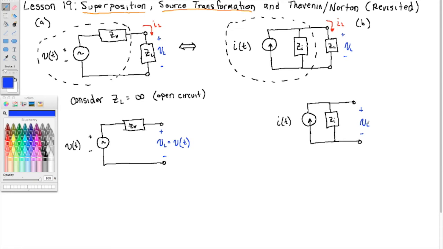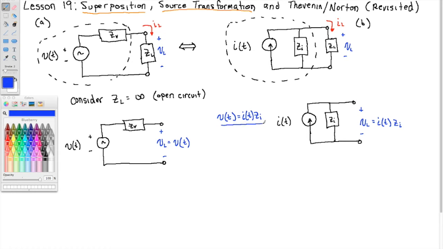According to Ohm's law, the voltage from top to bottom is I times Zi. And again, these voltages VL have to be the same. So if I equate those two, I get V of t equals I of t times Zi.